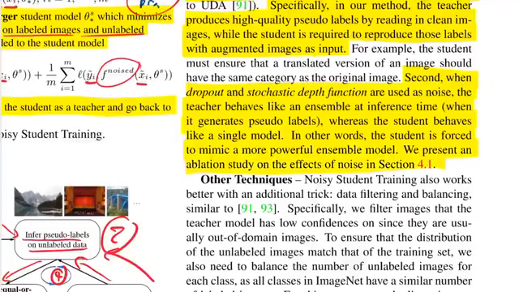So it's a bit weird what they say here. Don't be confused. You use the dropout and the stochastic depth on the student model. And they say here, if you do this, the teacher behaves like an ensemble at inference time, whereas the student behaves like a single model. It's a bit of a weird formulation, but it's true.